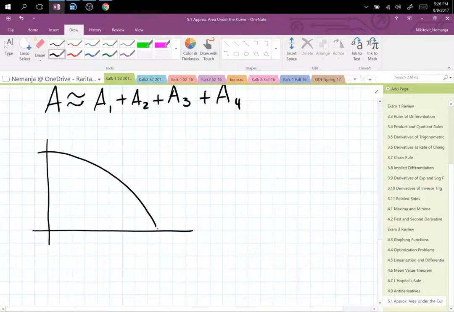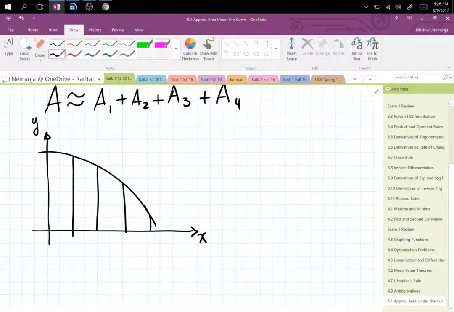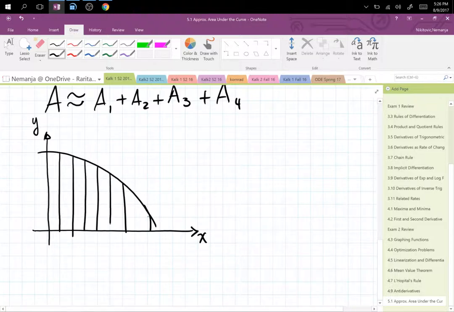So this is the old situation. Now what I'm going to do is split each one of these in half. So I'm adding twice as many.